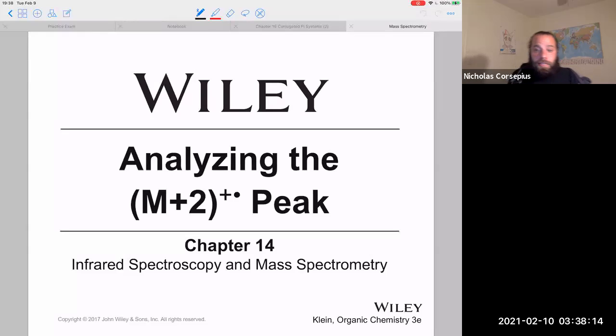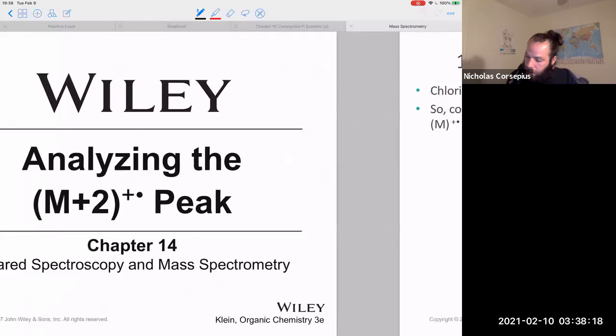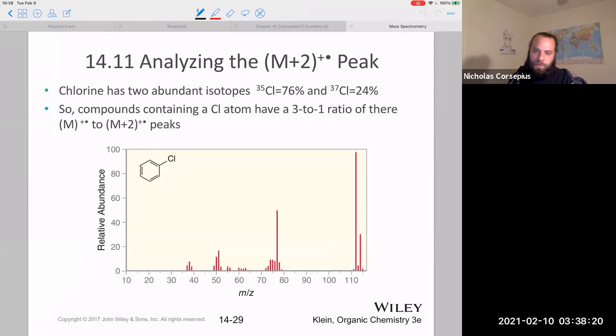All right, now let's look at the M+2 peak. This is something that only really matters for alkyl halides, okay? So like we said, the big difference between carbon, which has carbon 12 at an abundance of 98.9 and C13 at an abundance of 1.1, when it comes to the halogens, for example, chlorine 35 has an abundance of 76%.